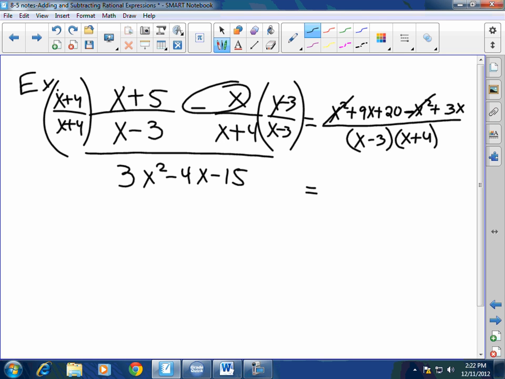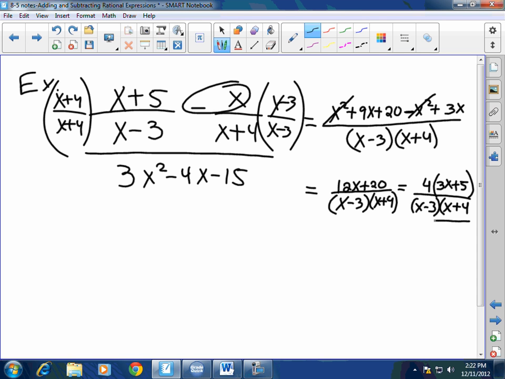This negative x squared and that x squared cancel. So I've got 12x plus 20 over x minus 3 times x plus 4, which I can reduce. I could take out a 4, thank you. And I get 3x plus 5 over x minus 3 times x plus 4. That is simply the numerator.